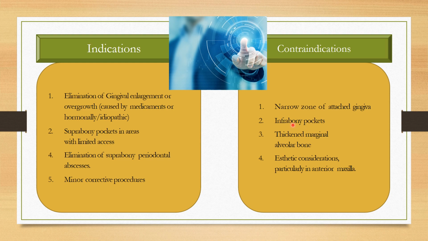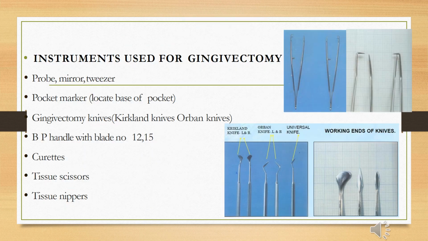Only the gingival tissue will be removed, so there won't be any osseous recontouring. That is why it is not indicated in infrabony pockets. Also, if there is thickened marginal bone, it is obviously not recommended as it exposes the alveolar bone. And also in case of aesthetic concerns, especially in the anterior maxilla.